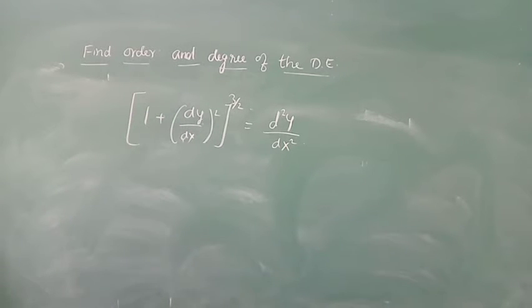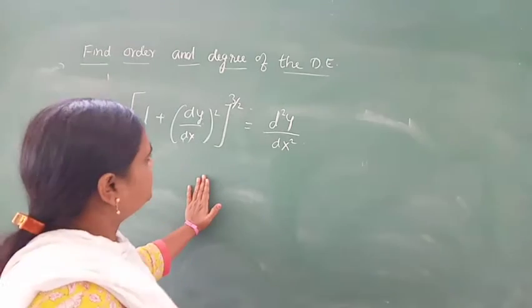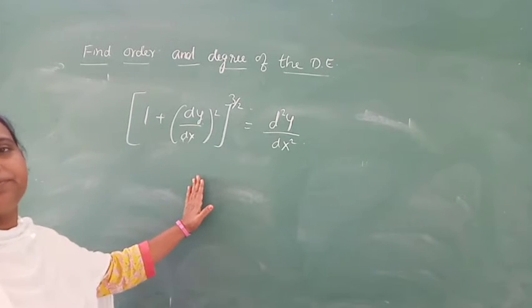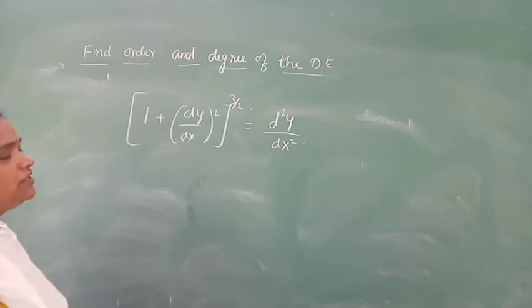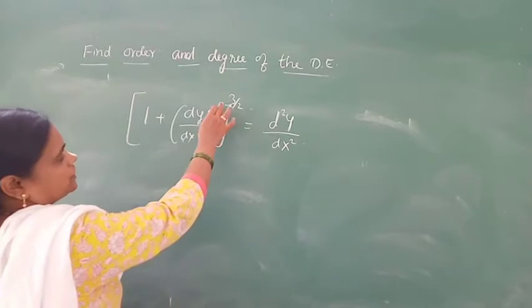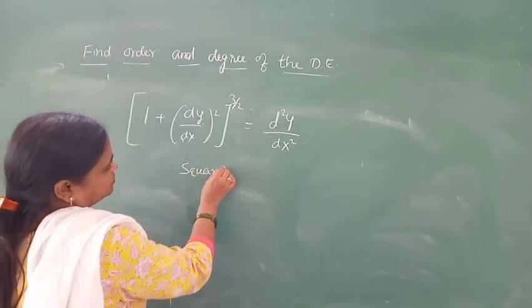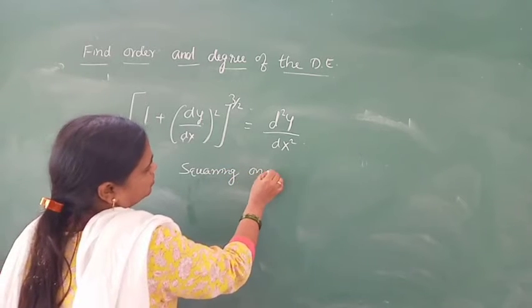See, for order and degree of the differential equation, already we know that if it is in the form of a root or fractional form, first we have to free it from the roots, then we can apply order and degree. For that, see, this is 3 by 2 fraction form. I will do squaring on both the sides.